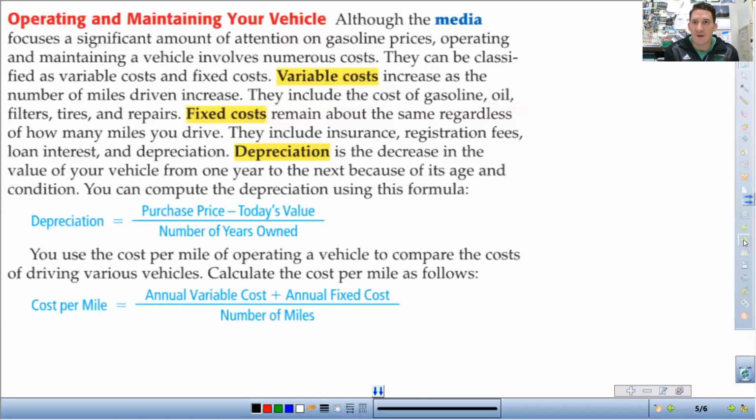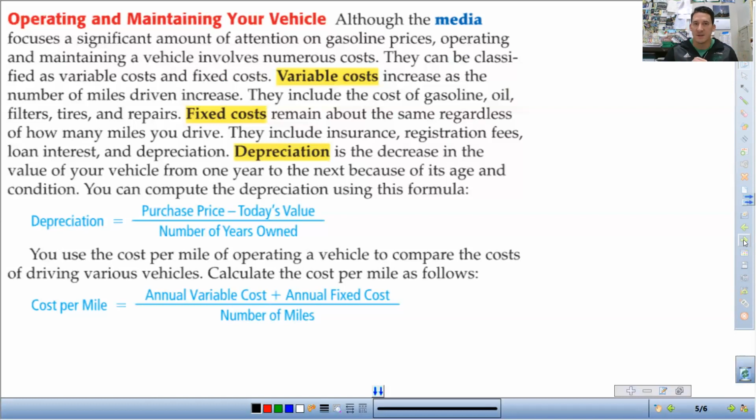There are a few factors you need to consider when owning a vehicle. You'll always hear about gas prices, how much that costs, and then there are other costs. There are variable costs, which are the costs that increase as the number of miles driven increases.